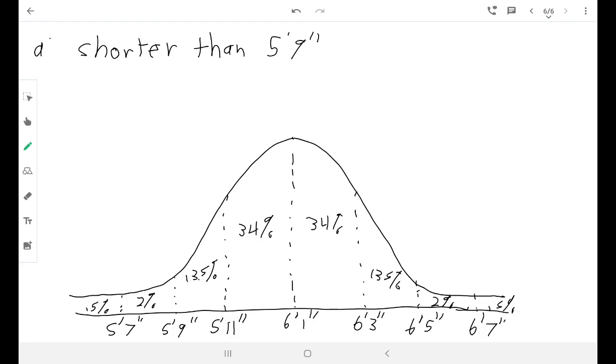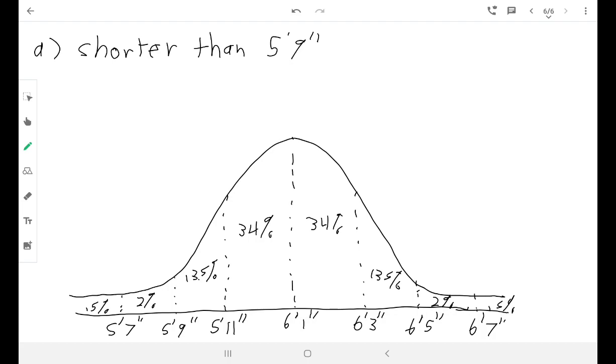Remember, this is part A to this. Let's go through this scenario one more time. And the scenario is that given this distribution, we want to know the probability that we get at random a player shorter than 5 feet 9 inches.